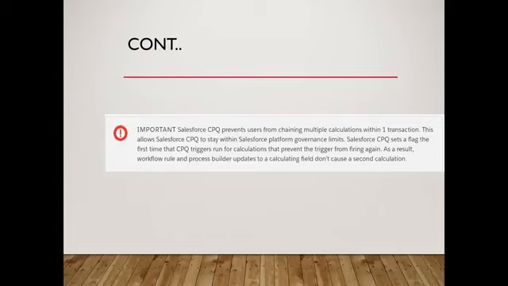I mean, all price rules will run, but they should not run multiple times. For example, I updated a quote line, and at the same time I updated the quote as well using data loader or something. The quote is also triggering the price rules, and the quote line is also triggering the price rules, but it will run these price rules only one time, because it will not run those price rules multiple times in fractions of seconds. So that is the thing we have added here.